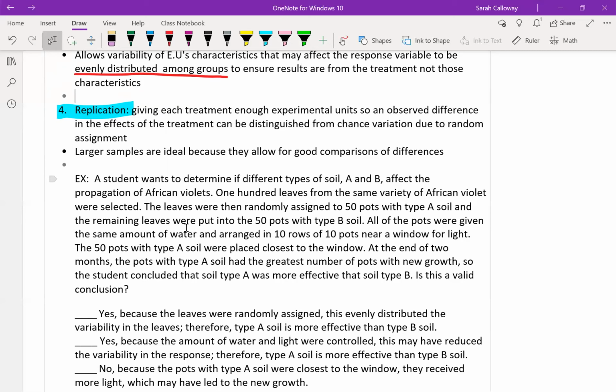If I have a small sample, those characteristics that influence the response variable could have a higher influence, whereas the larger my sample is, that average is going to get closer and closer and closer to the real average.